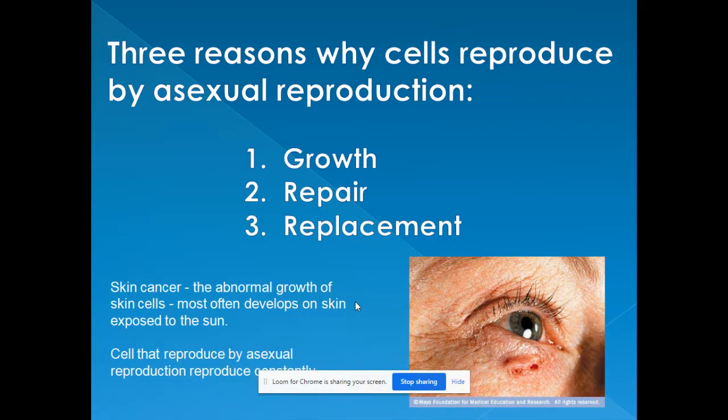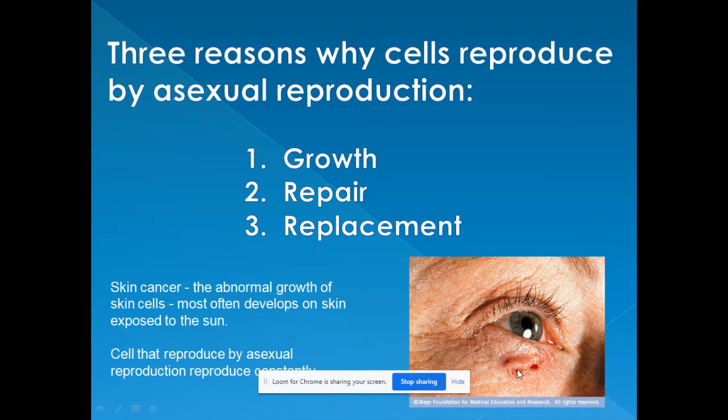There are three reasons why cells reproduce by asexual reproduction. We just talked about it: growth, repair, and replacement. This picture shows skin cancer. It's a tumor, which is basically an abnormal growth of skin cells, most often developing on skin exposed to the sun.